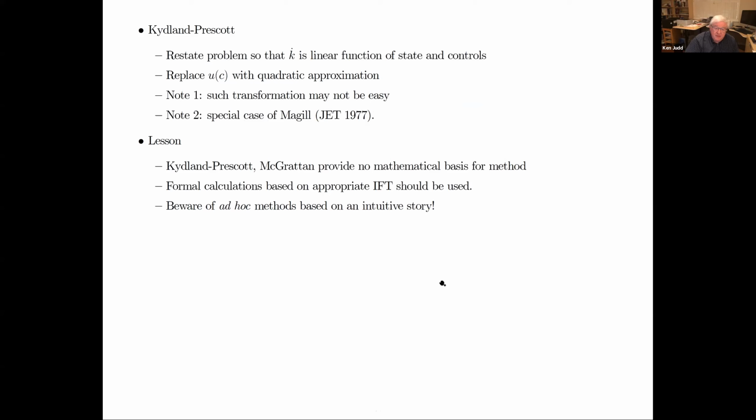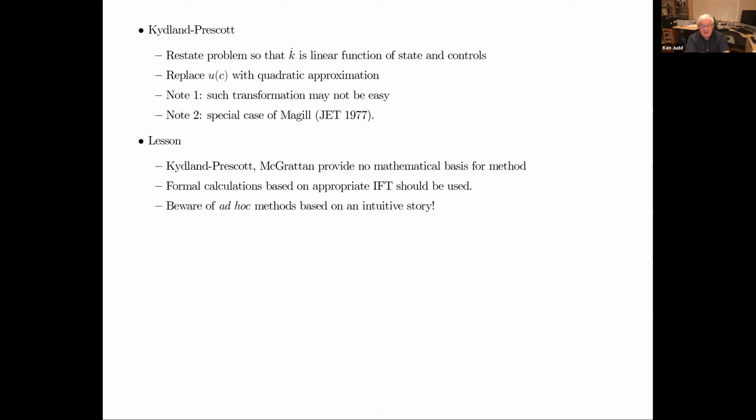Now, a lot of your citations go back to Kydland and Prescott in 1982. What they do there is that they first replace the law of motion with a linear law of motion and then do things, and that's okay.